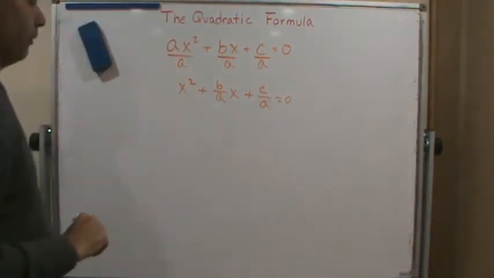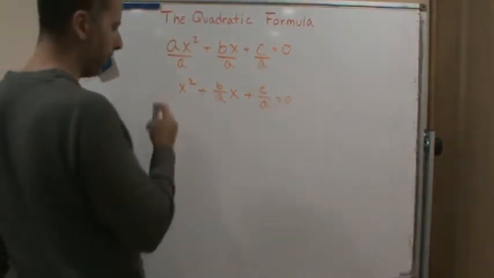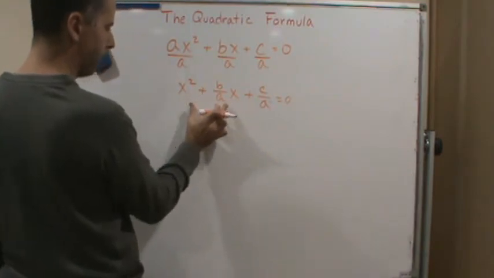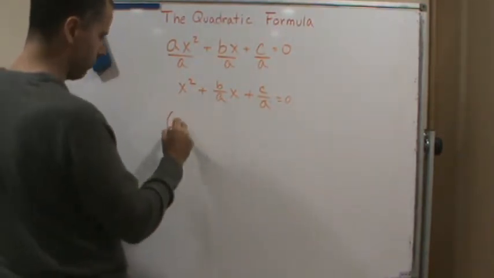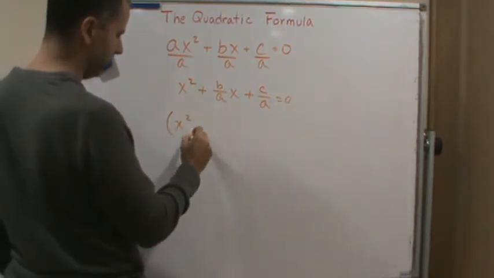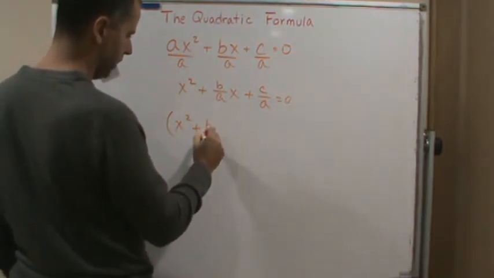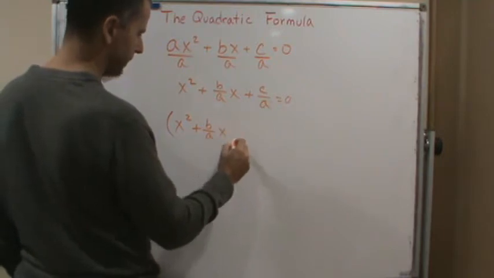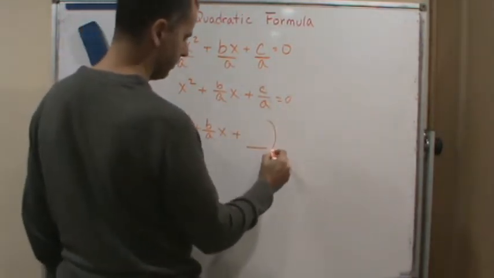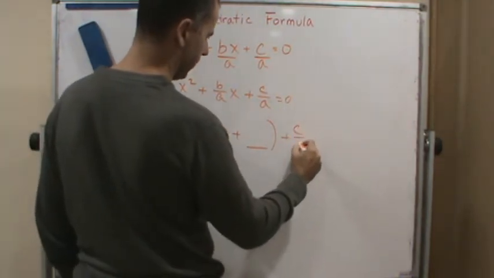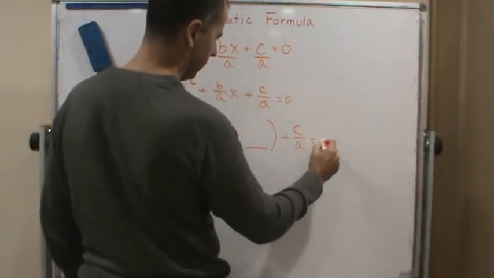Okay, and now I'm going to complete the square with this part. So I'm going to write this as x squared plus b over a x plus c over a equals 0.